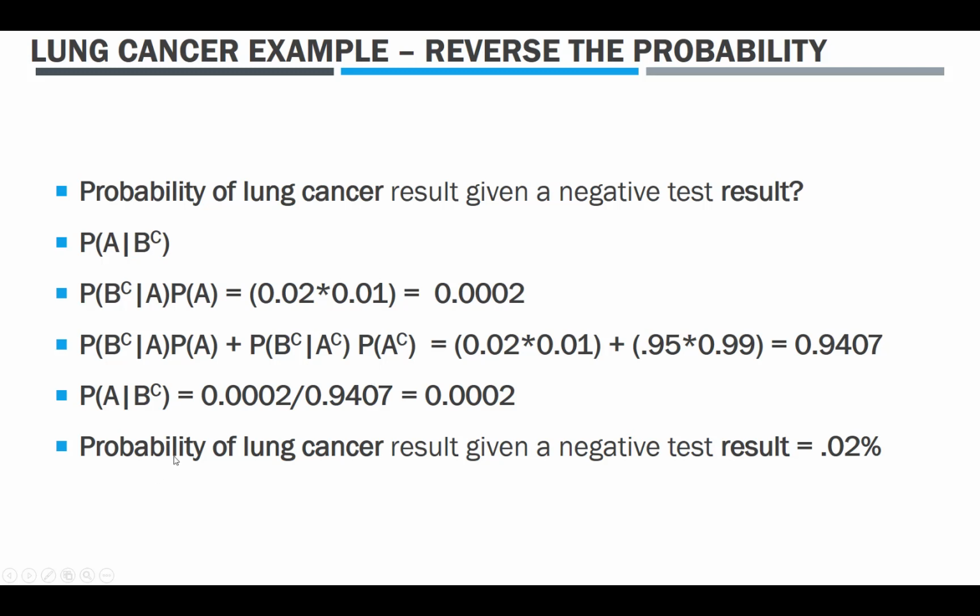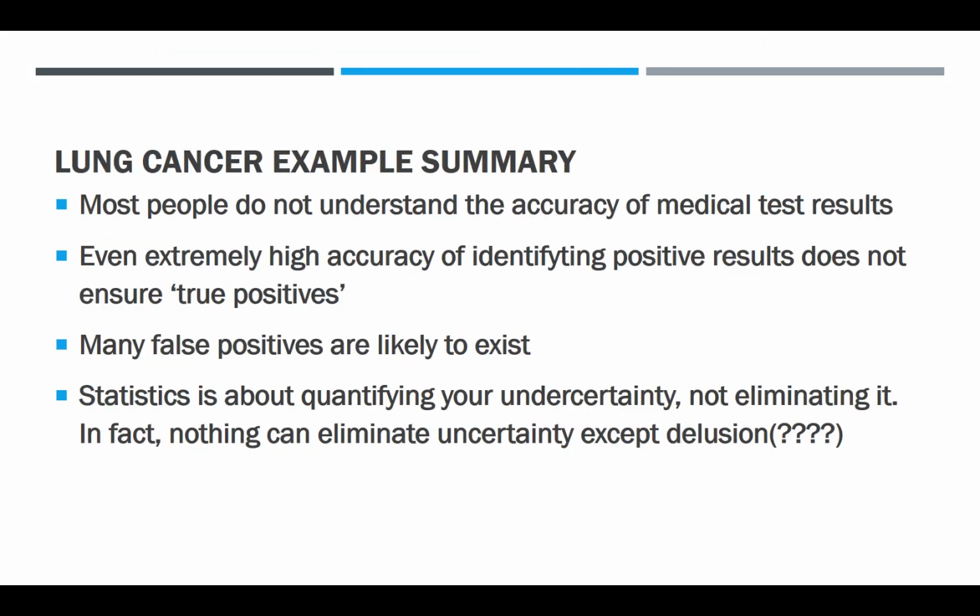And hopefully by the time you get that, the probability of lung cancer given a negative test result is 0.02%. Now that's pretty good, right? The probability of lung cancer is very low given you have a negative test result. So that part of the test is good, but the other is not.